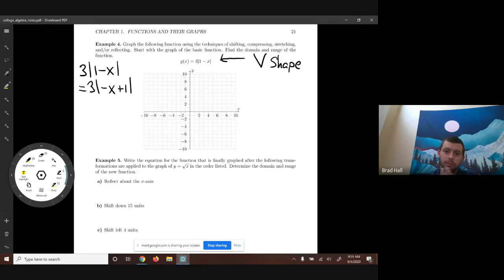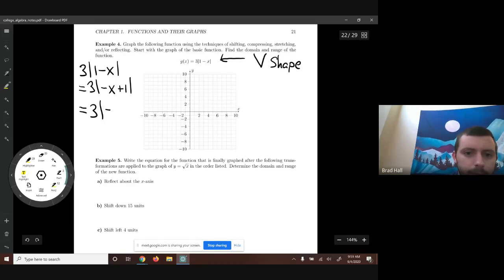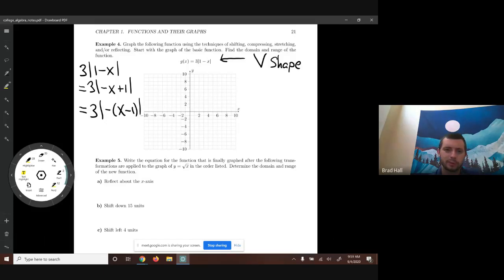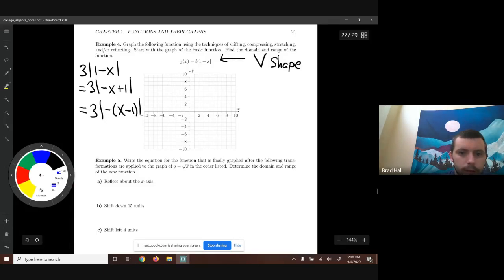Because 1 is not being added to x directly, it's being added to -x directly. And the way we can fix that, I know this is one of the reasons why this one's kind of tricky, is we have to factor out a negative sign to now see that the reflection is truly going to the right 1.